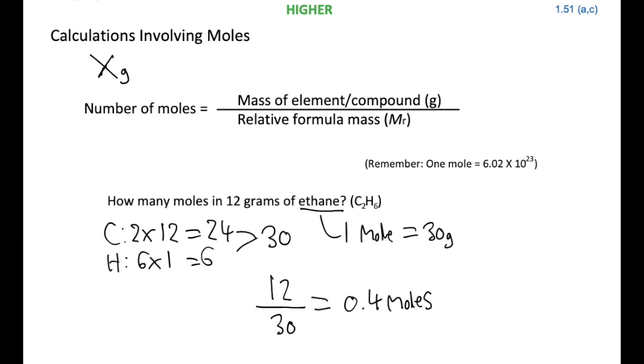Now I know the question doesn't ask this, but what if we wanted to find out the number of actual ethanes in 0.4 moles, the actual number of individual ethane compounds? Think about how you might do this.